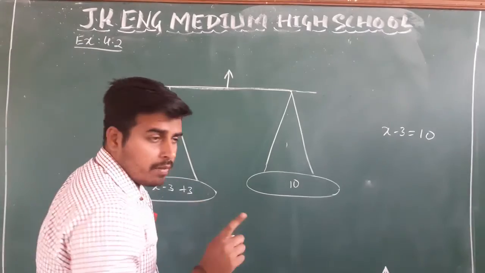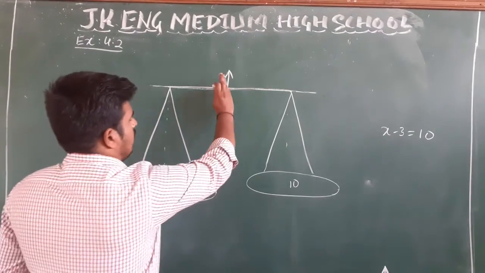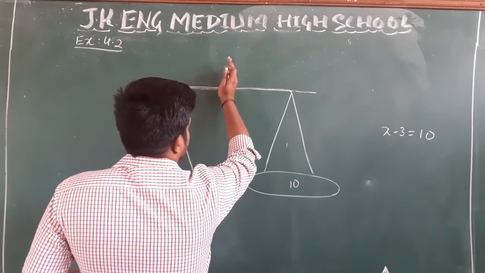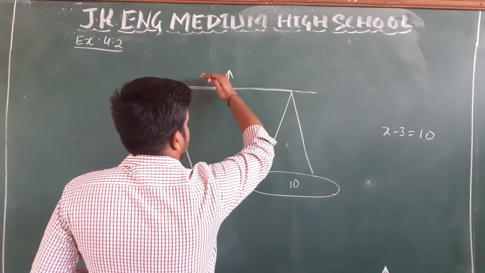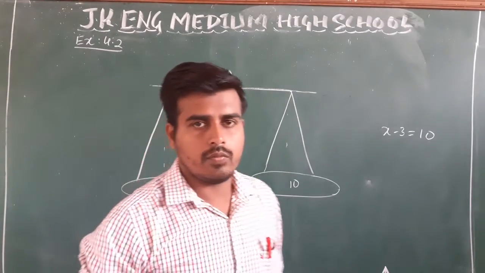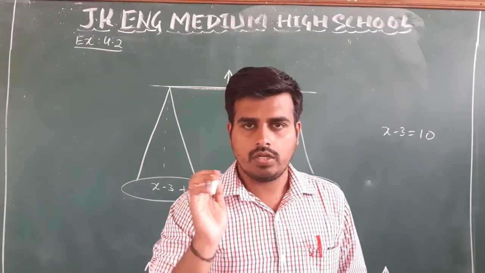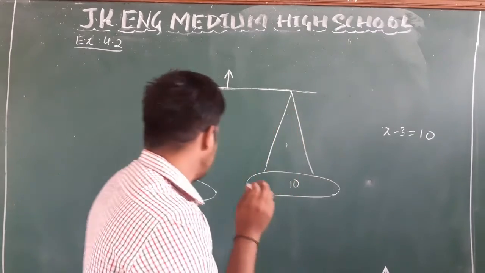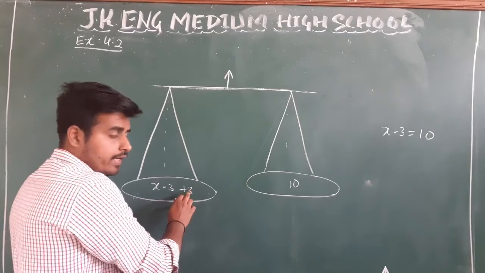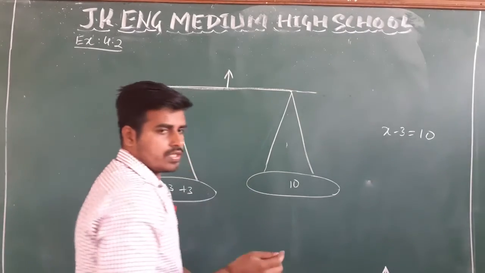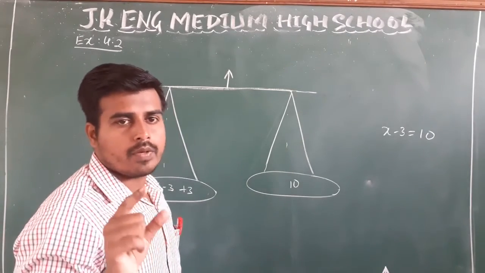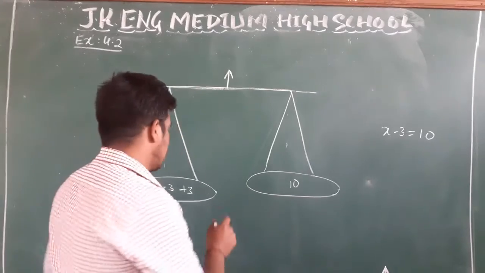If I only add plus 3 on the LHS, the equilibrium of the weighing pan will not be equal. The weighing pan will not be in an equilibrium position. To maintain the equilibrium, some weight here, the same weight, I am just using the term weight for your understanding purpose.